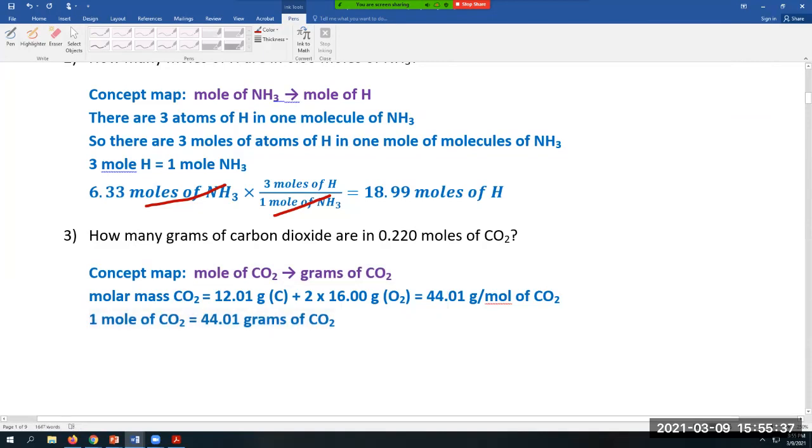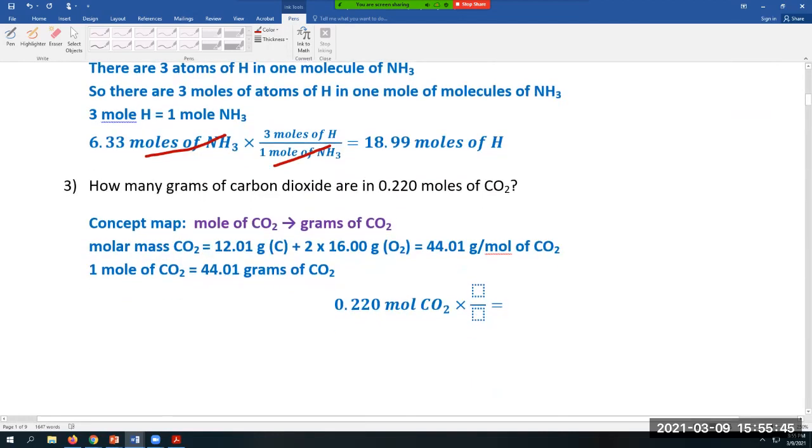Always start the calculation with the given amount. And so that means we will start with 0.22 moles of CO2, which is what was given in the text. This is in the numerator. Again, it's like having a line under and a 1 in the denominator.